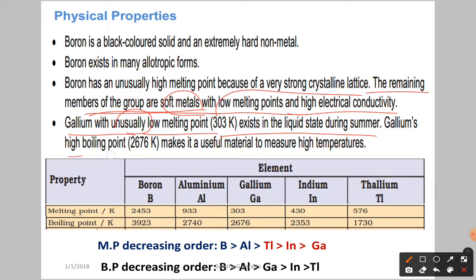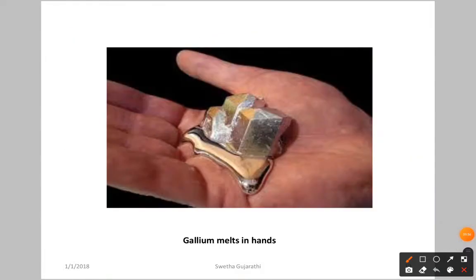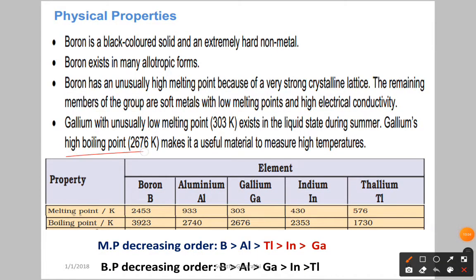Gallium also has a high boiling point, which makes it useful for measuring high temperature. As you can see in the picture, gallium can melt in our hands, that much less is its melting point.